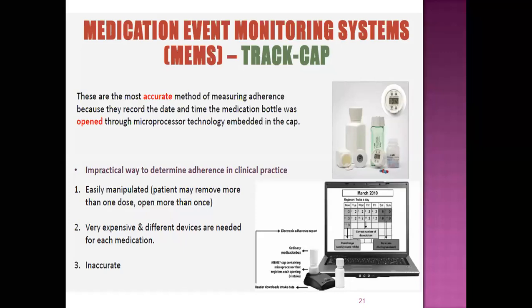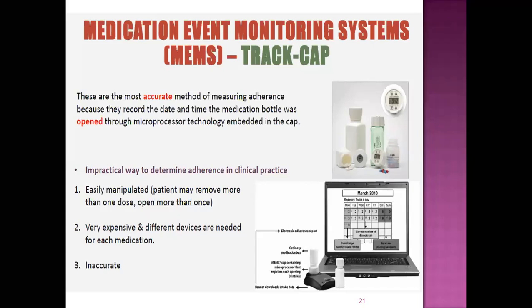This type of monitoring is observed by electronic devices. Adherence can also be determined in clinical practice with the help of dose management software. You have to manage or monitor the particular medications.